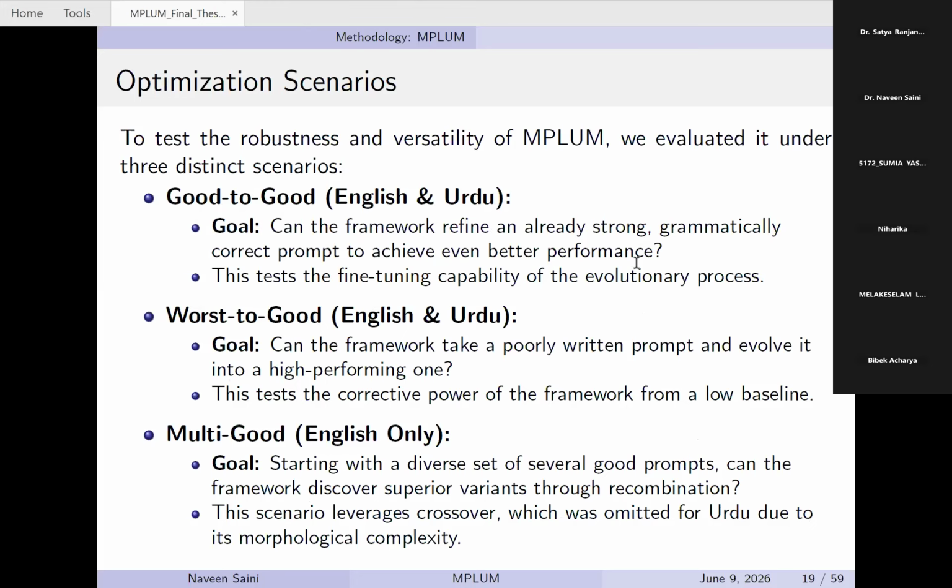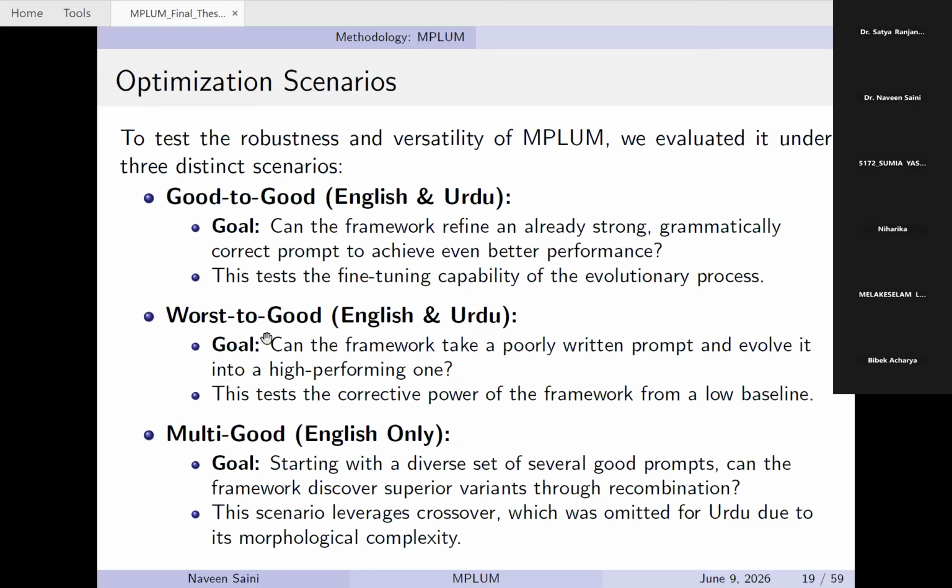So initially, for the population initialization, we pass a strongly good and grammatically correct prompt. How are we doing this? Either we generate the prompt manually, and also check its quality using LLMs to make it strong enough.